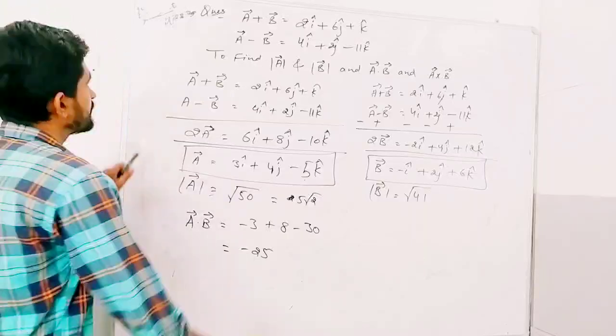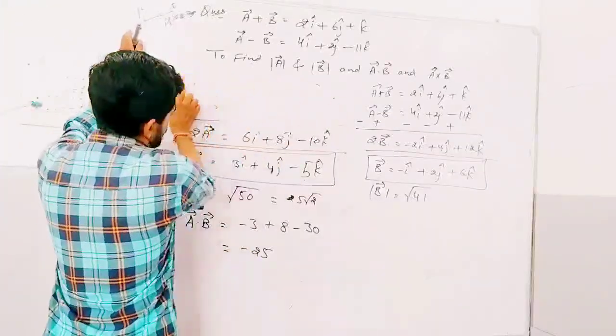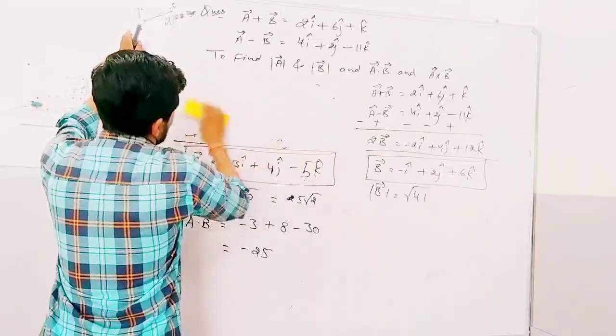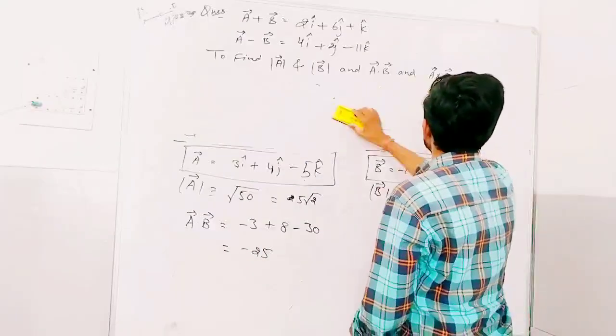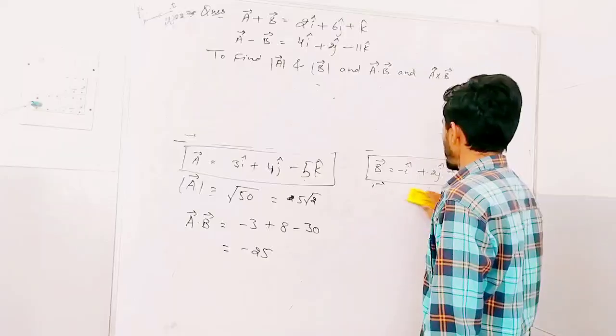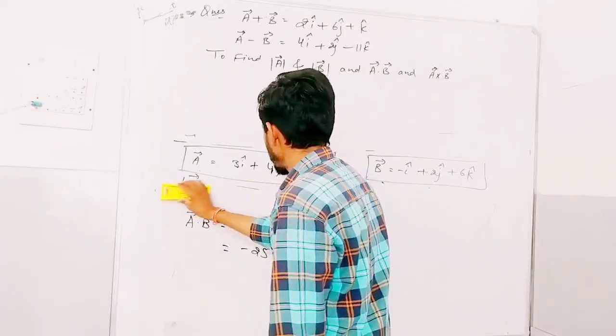I am erasing it. This is A vector, I have to keep it, and this is B vector, I have to keep it. We can do our further calculation here only.